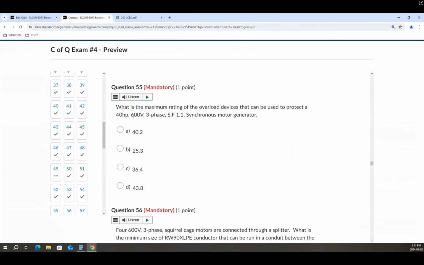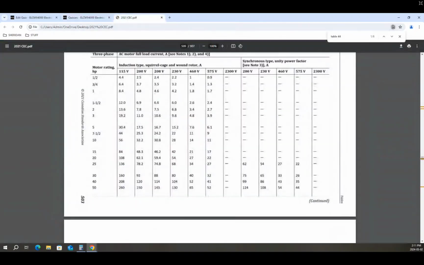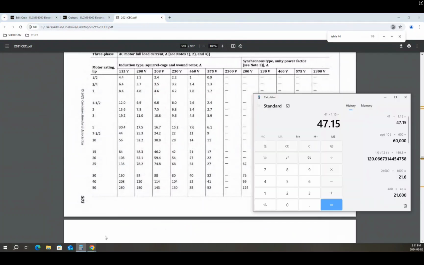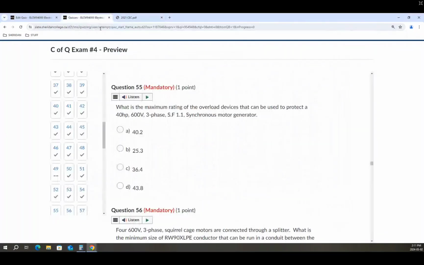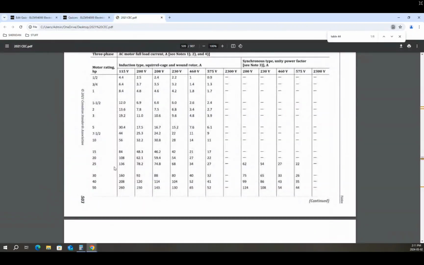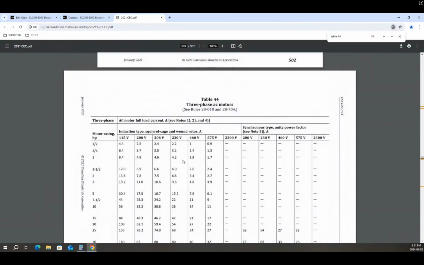So I went 306, 47. I'm screwing it up because these numbers are all too small. Motor rating.